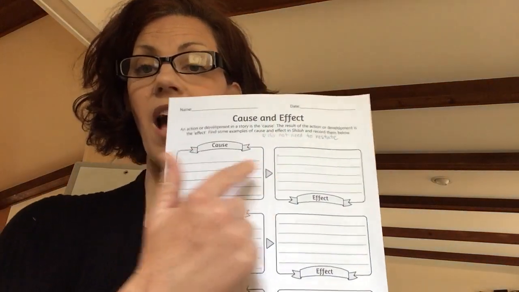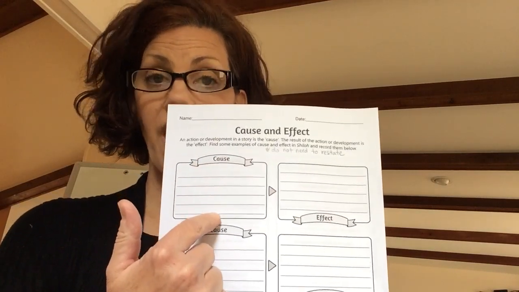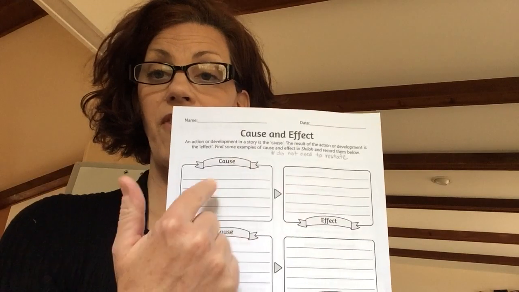So on your sheet, I would like for you to fill in these top 2 blanks. I'm going to give you a cause, and then I'm going to give you an effect, and you're going to write this in. So I would like to take that last situation. The cause, well, let's just talk about the effect.